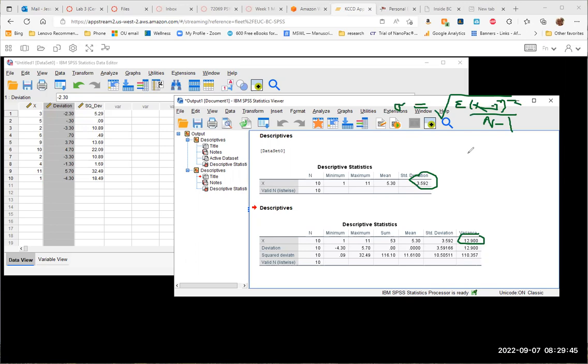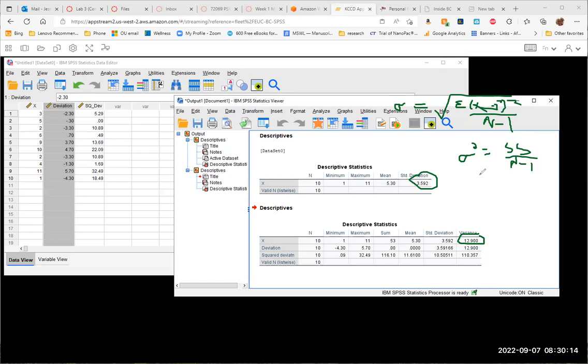We're going to solve for the sums of squares. What we did here is we just got the sums of squares, but we don't have to do all this work. We can simply call it SS. So variance equals sums of squares, which is the sum of these squared deviations, over n minus 1.